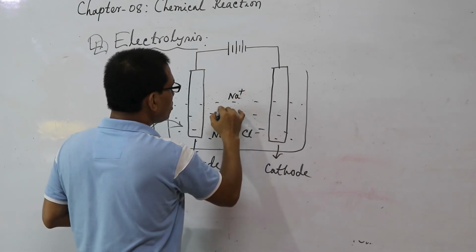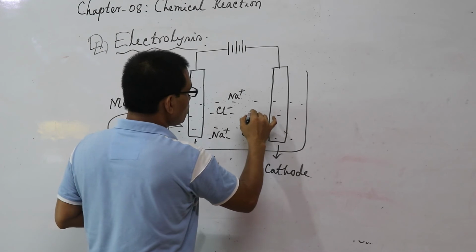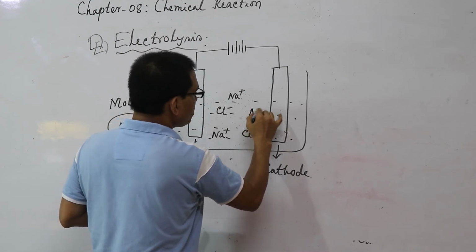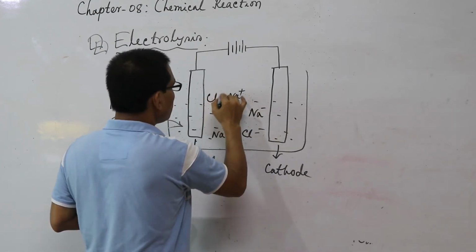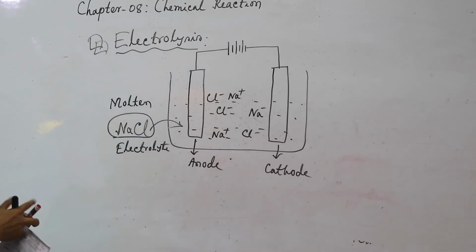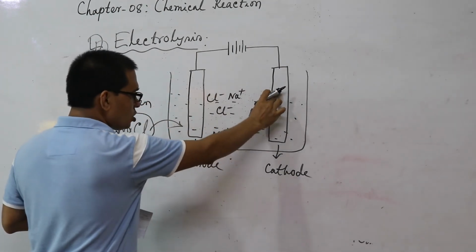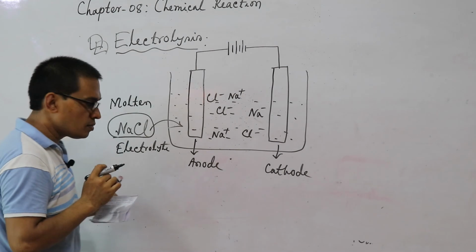Sodium ion, chlorine ion. You know sodium is a positive ion and chlorine is a negative ion. What will happen now? These two are known as electrodes, anode and cathode.